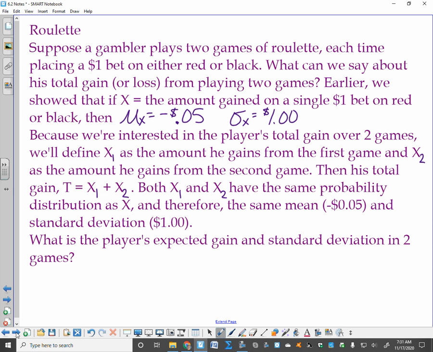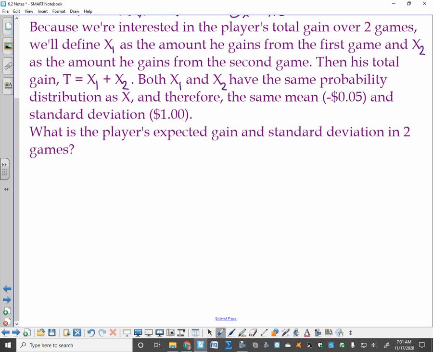Then his total gain, T, equals X sub 1 plus X sub 2. Both X sub 1 and X sub 2 have the same probability distribution as X, therefore the same mean and the same standard deviation. What is the player's expected gain and standard deviation in the 2 games? So mu sub T equals mu sub X sub 1 plus mu sub X sub 2.